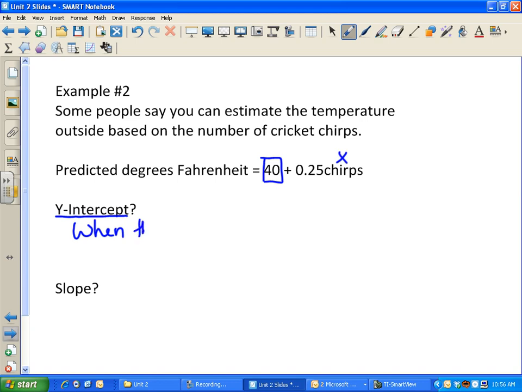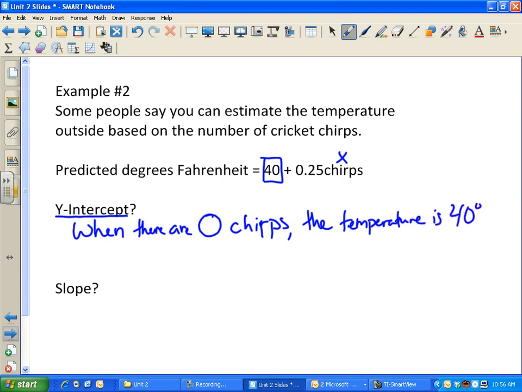When there are 0 chirps, the y-intercept tells me what the y value is. The temperature is 40 degrees Fahrenheit.